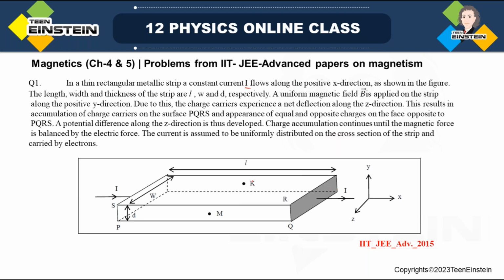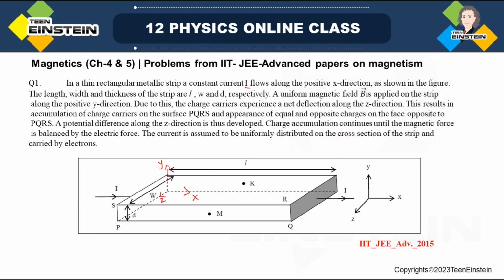You see here the geometry: along the length is the x-axis. Along the width, or breadth, it will be the z-axis, and along the thickness, this is the y-axis. So the current is flowing in the x direction, as you see in the figure also.